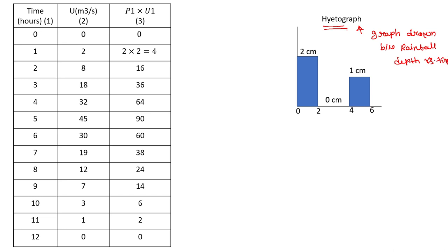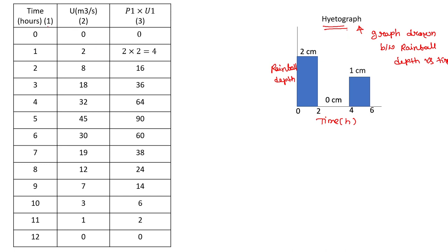Sometimes you can expect this question also, like match the following: hydrograph, isotopes, like that. So keep this definition in mind. It will be like rainfall depth, and this will be time in hours. So a graph drawn between rainfall depth versus time gives the hydrograph.